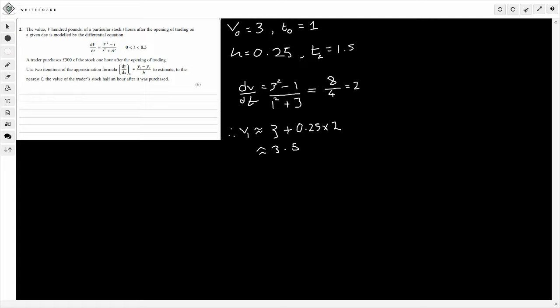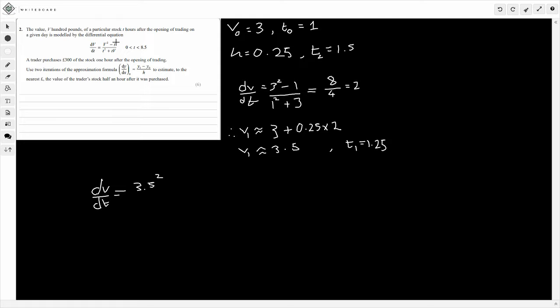Now, all we need to do is do it again with this formula, dv by dt, plugging it back in with my new V value, and then doing one final iteration. So if we plug it back in here, what's this going to be? V squared now is my 3.5. This is my V1. This is the new value that's going into this differential equation. So 3.5 squared, minus t, now t1, so we're going up in 0.25, this is going to be 1.25.